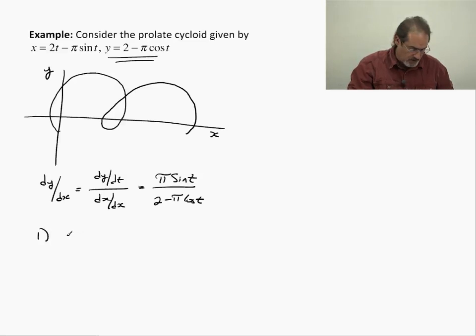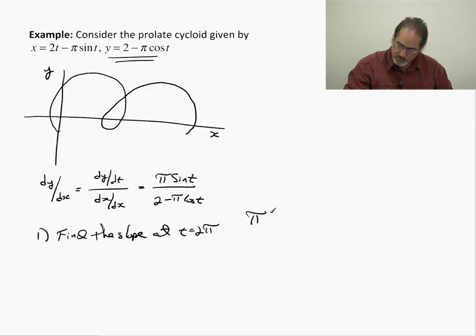So first of all, let's go ahead and find the slope, the rate of change of this curve at t equals 2 pi. Well, that's going to be equal to pi times sine of 2 pi divided by 2 minus pi times cosine of 2 pi.